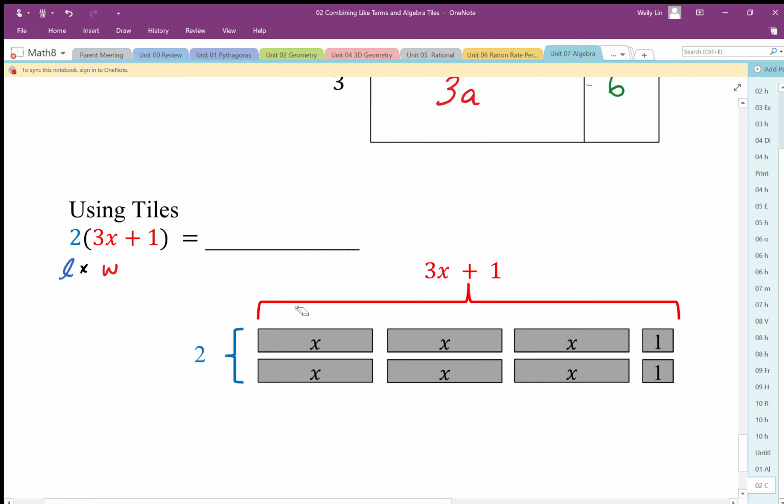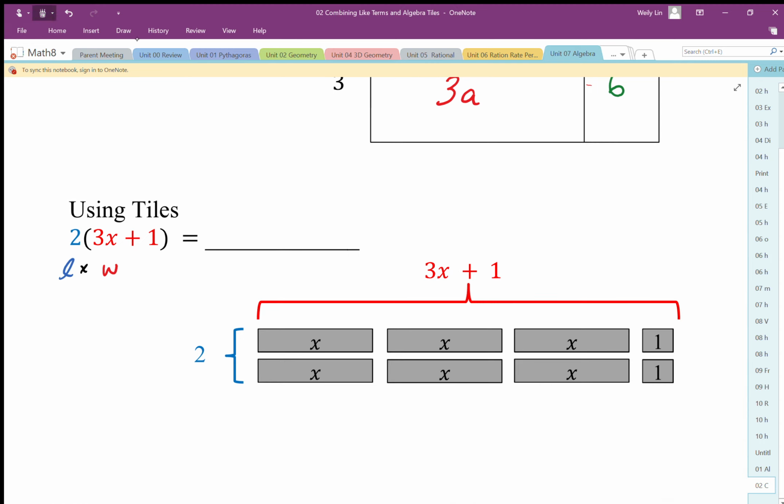The area, which is going to give me tiles, remember when I multiply length times width I get area. Algebra tiles represent area. I can see that I have 3 x's along the edge plus 1 along the edge. I have 2 1's along this edge, or two groups of 3x plus 1. Well, if I have two groups of 3x plus 1, I have 3x plus 1, 3x plus 1. That's going to give me 6x plus 2.